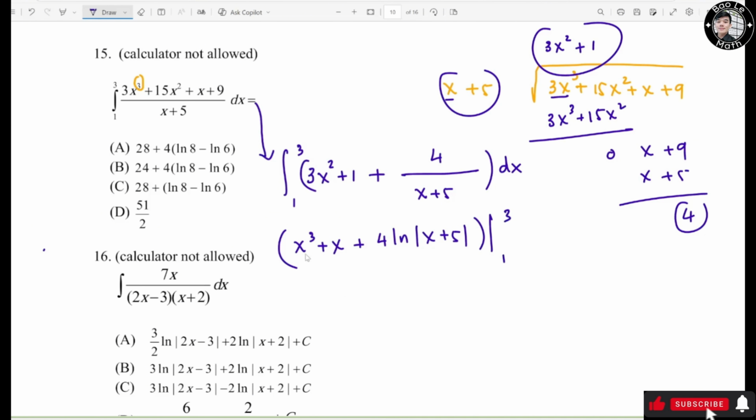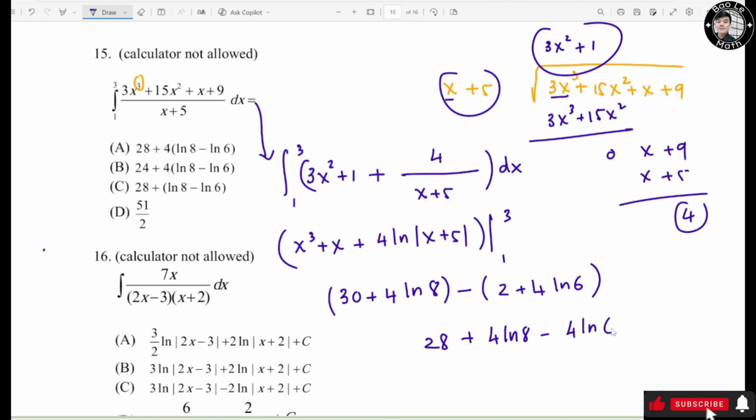So 3 cubed is 27, plus 3 is 30. We have 30 plus 4 ln 8, minus 2 plus 4 ln 6. So 30 minus 2 is 28, plus 4 ln 8 minus 4 ln 6. So it's 28 plus 4 times ln 8 minus ln 6. So the answer must be B.